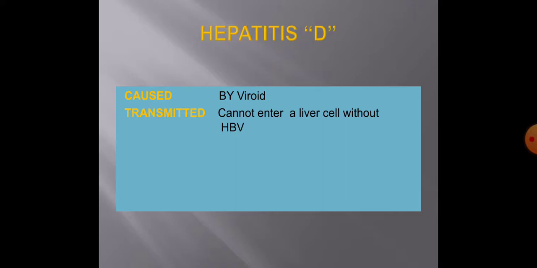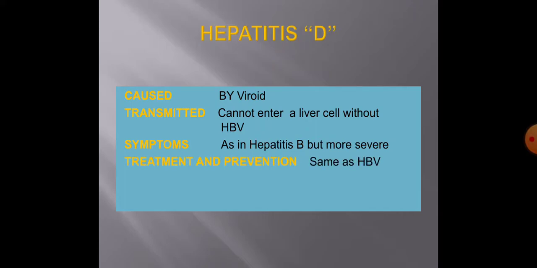It is transmitted via another co-host, that is HBV, hepatitis B virus, because it needs the presence of HBV for entry into the liver cells. Symptoms are just like hepatitis B, but more severe, and treatment and prevention are also the same as for HBV.